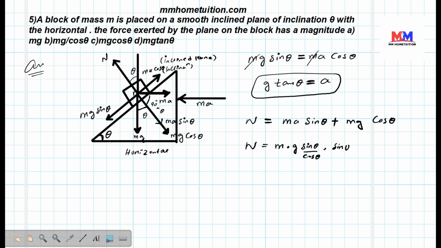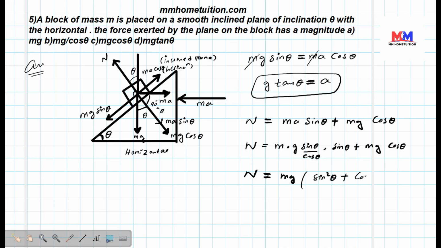So N equals mg times sin theta into sin theta, which is sin square theta, plus cos theta into cos theta, which is cos square theta, divided by cos theta.